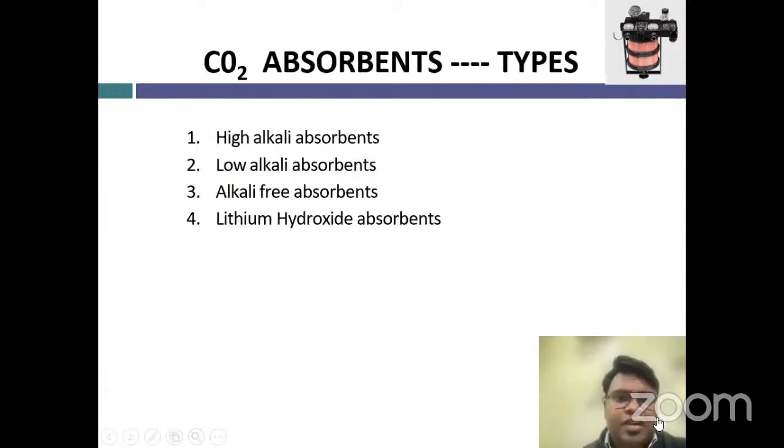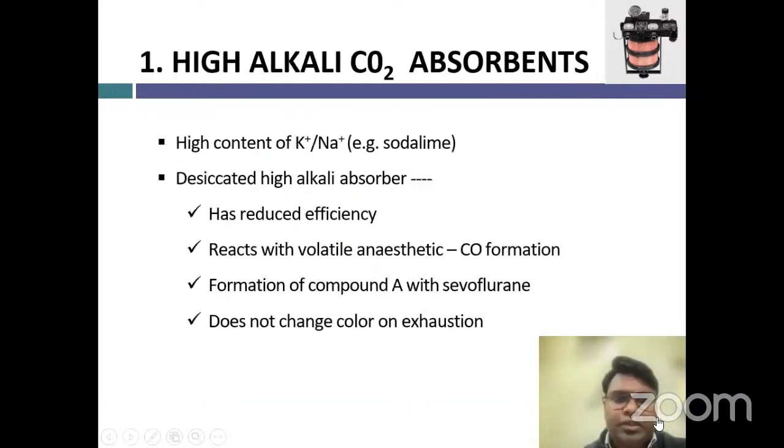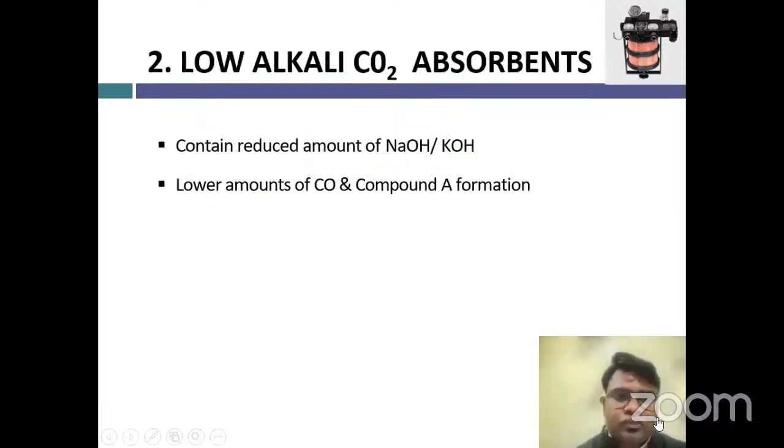There are four types of carbon dioxide absorbents. Some formulations of soda lime are high alkali absorbents containing high content of sodium hydroxide or potassium hydroxide. A desiccated absorber has reduced efficiency, increased risk of carbon monoxide and compound A formation, and also it does not change color on exhaustion.